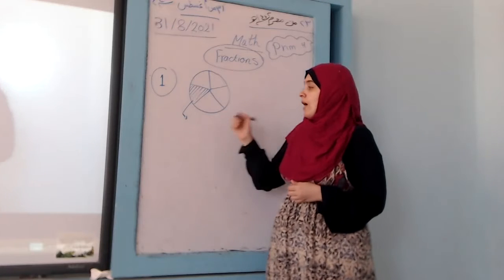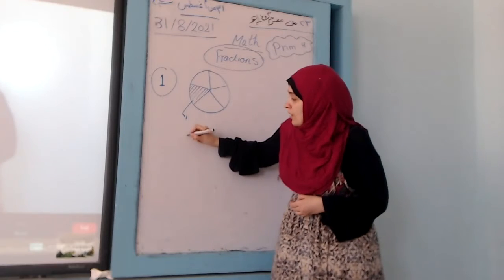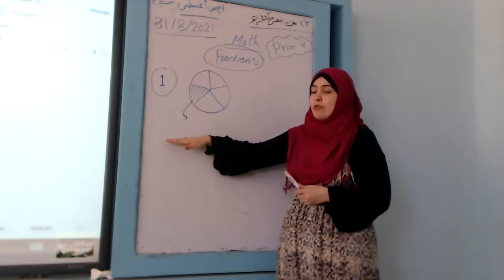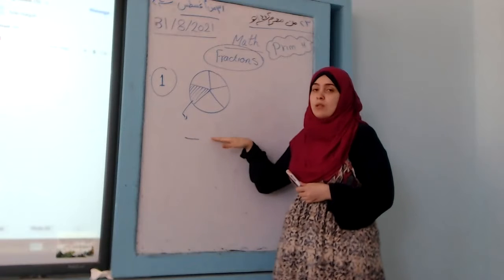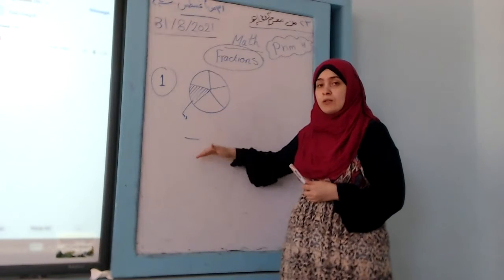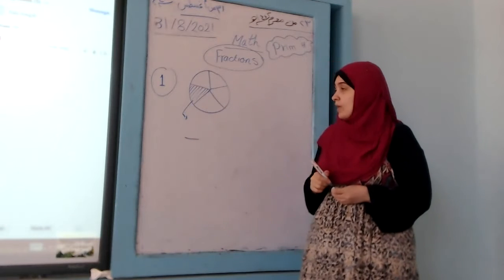How do we write any fraction? A fraction has a horizontal line called the line of fraction, and two numbers, the number up and the number down. The number down is about all the parts.